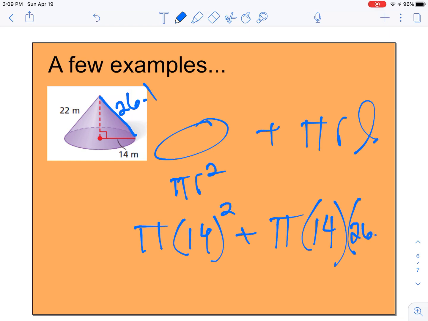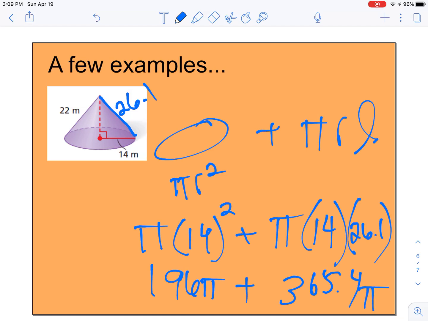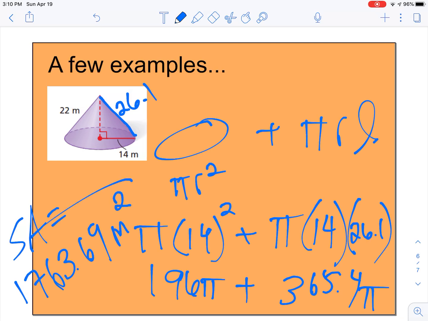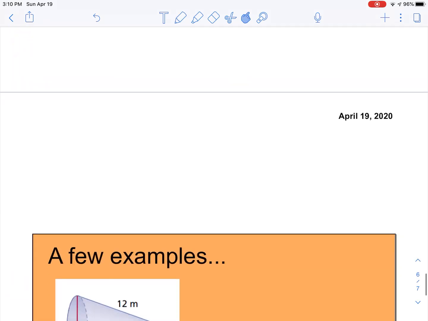All right, so if we look at this, 14 squared, we get 196 pi plus 14 times 26.1 times pi, 365.4 pi. We add those together, 196 pi plus 365.4 pi for a final answer. Sorry, this one got a little messy. 1763.69 meters squared.